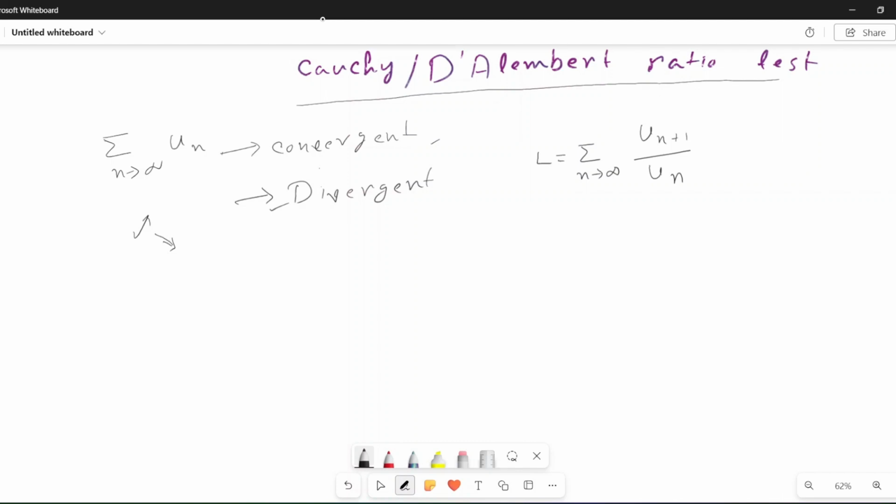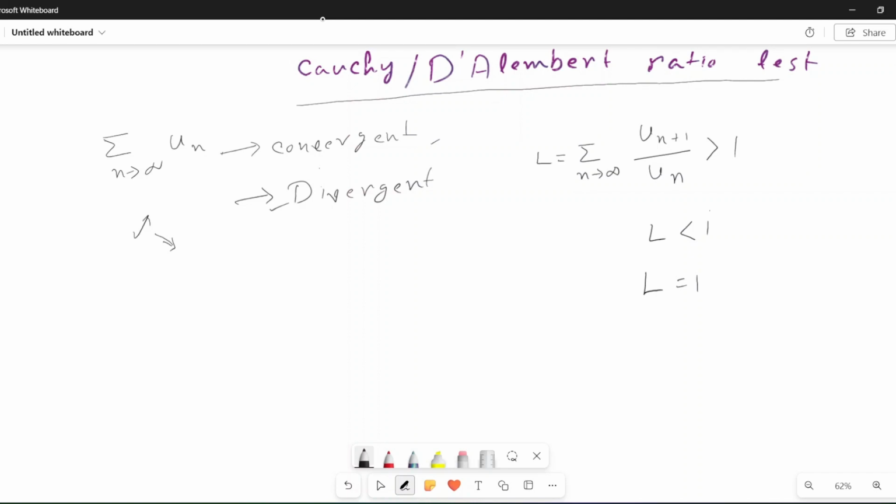If the series is growing, then L will be more than 1, and if it is declining, then L will be less than 1. And if it is neither growing nor declining, then L is equal to 1.